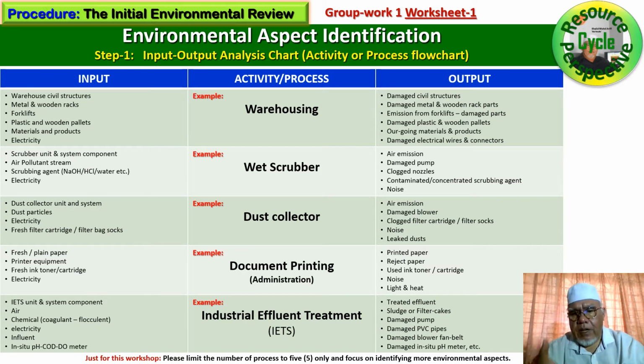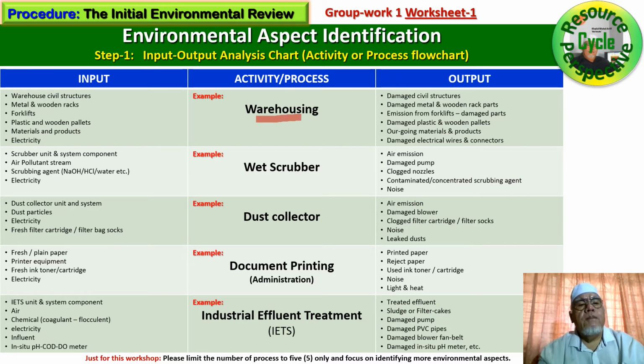You can have a summary like this throughout the entire organizational process, departments, or preferably processes. In this particular example, one of our clients split it into different types of sectors for convenience. In this case, warehouse over here. Warehousing is an activity.